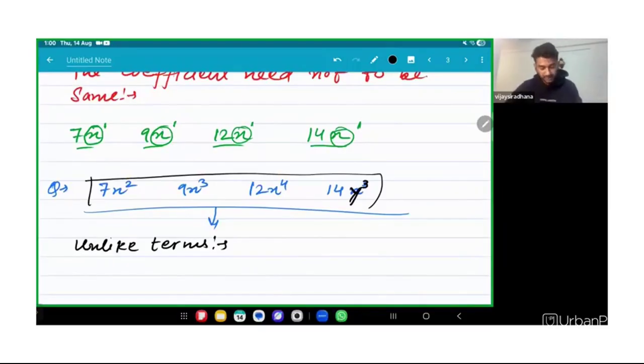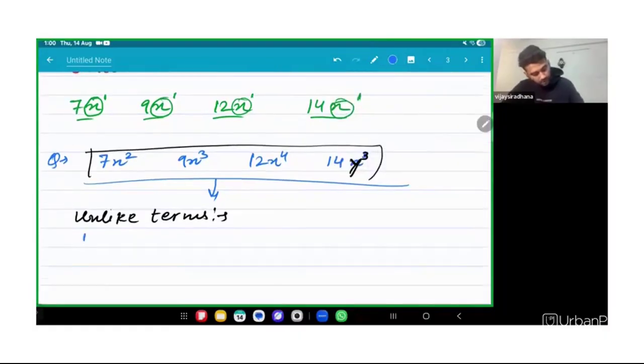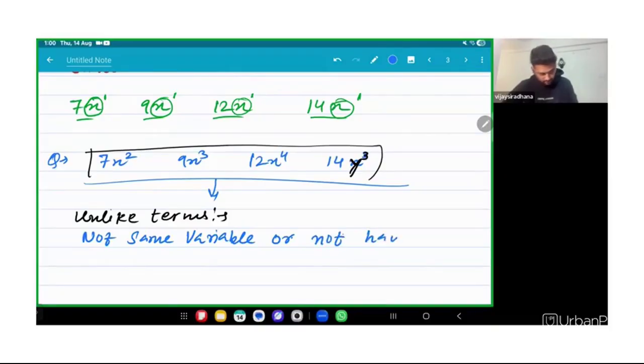So the first issue is with the variable, that they are not the same variable, or not having the same power.